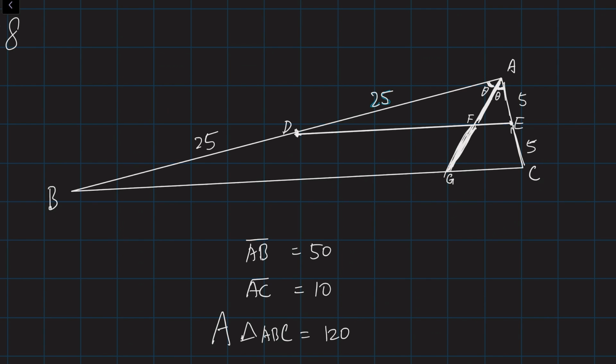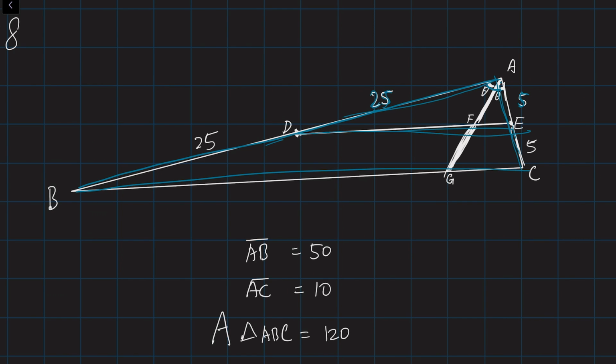I can do a proof here. Observe triangle ADE. Triangle ADE has an angle of 2 theta on the top, and then sides 25 and 5. Now look at triangle ABC. Triangle ABC is essentially this, but enlarged to twice. So 5 times 2, 25 times 2.